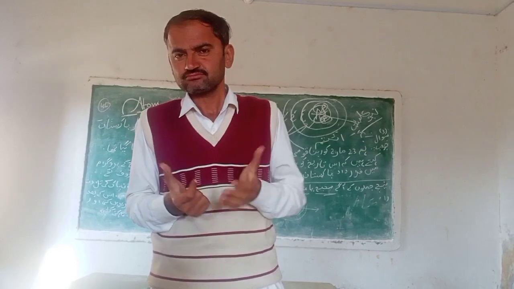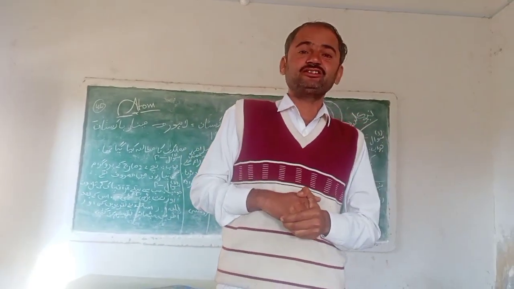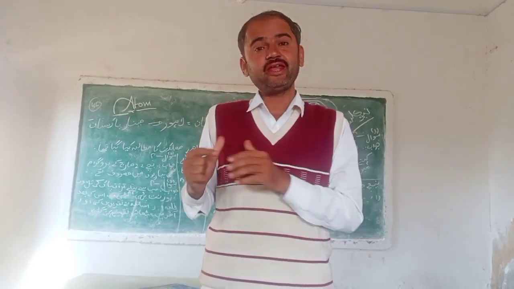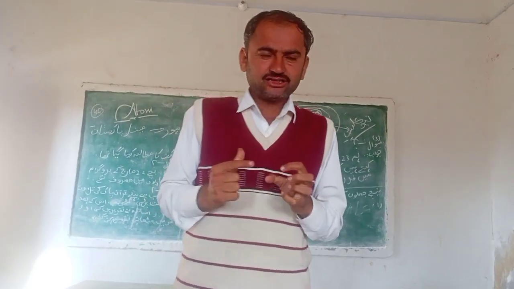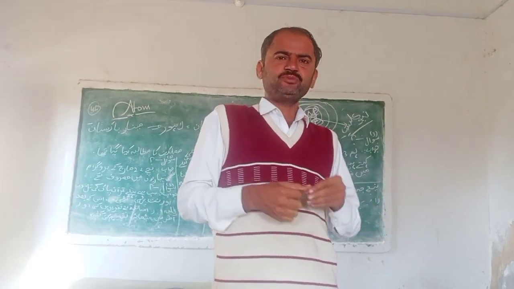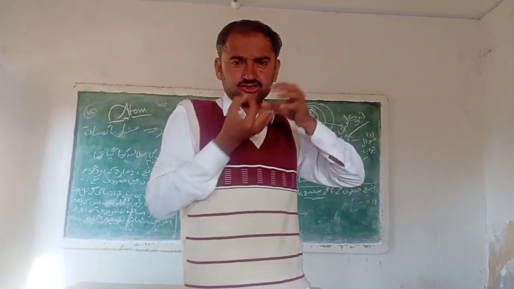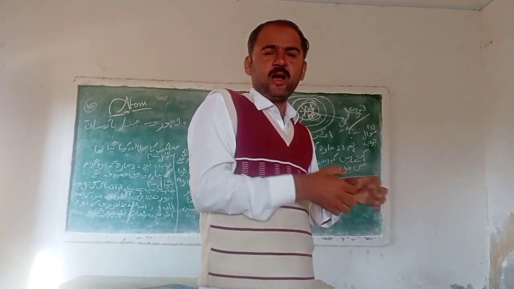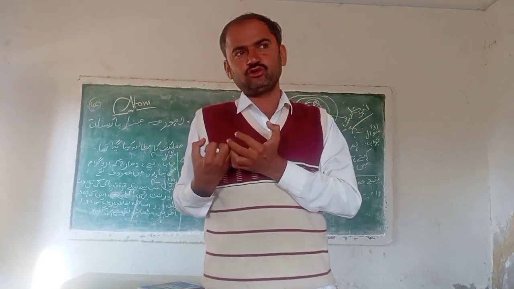The second type of chemical reactions is irreversible reactions, and irreversible reactions are unidirectional. It means they only occur in one direction. Reactant is converted into product, but product has no ability to convert into reactant.